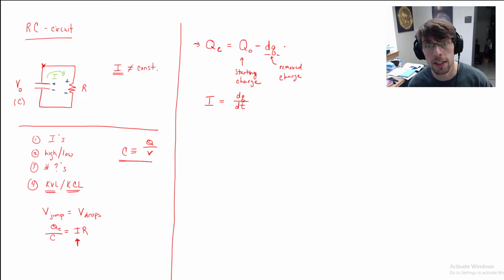Let's take this equation right here, and I'm going to take a time derivative and sub it into right here.